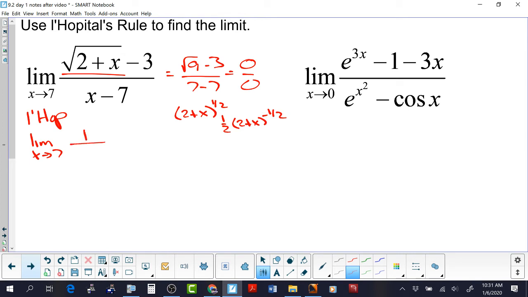We have 1 over 2 square root of 2 plus x. Derivative of negative 3 is 0. Derivative of x is 1. Derivative of negative 7 is 0. So now we can plug 7 in. 1 over 2 times square root of 9, so 1/6. So if you graph that at 7, it's approaching 1/6. It can't be 1/6, but it can approach it.